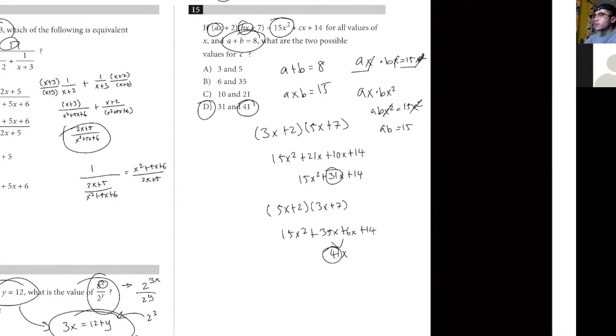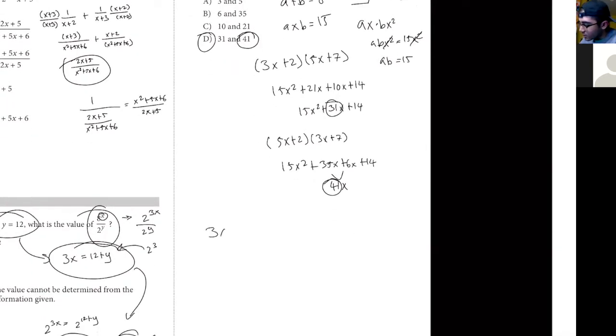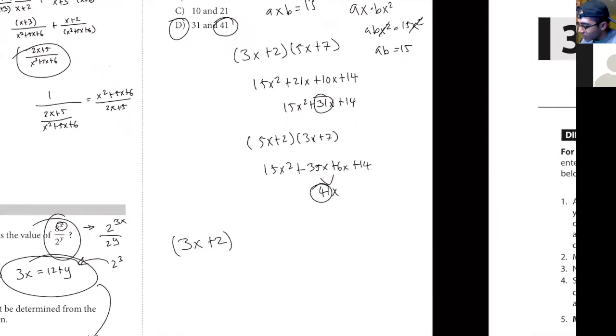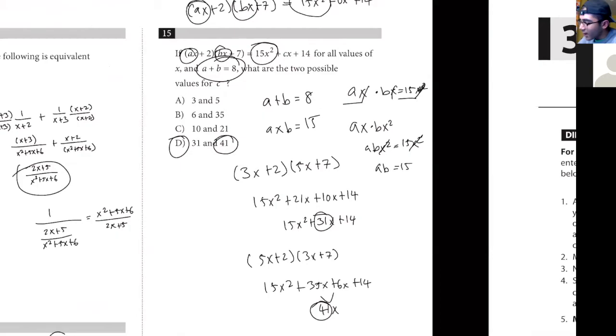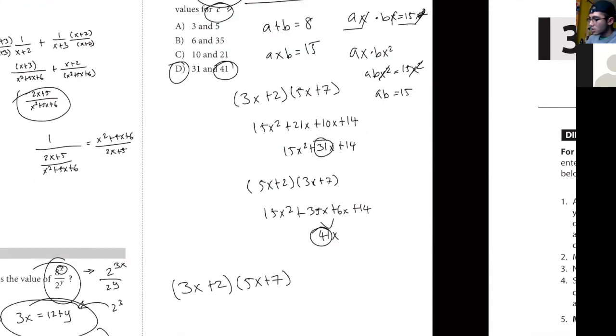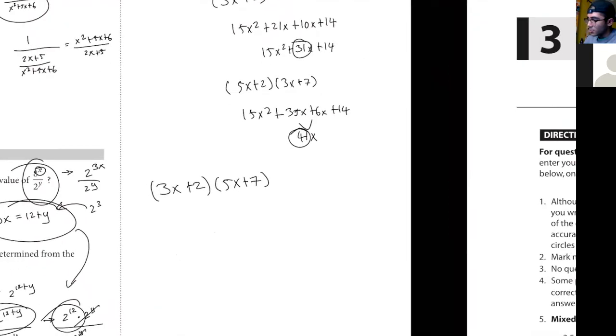Yeah, that's right. How is it D then? Because look, now after we got this, we got 3x plus 2, and then 5x plus 7. It's asking us what are the two possible values for the value of C, right? So Nikki, do you understand this much?